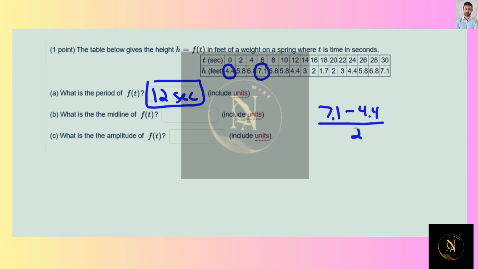So 7.1 minus 4.4 is 2.7, over 2 is 1.35. So we'd say that the value of the midline is 1.35 feet.